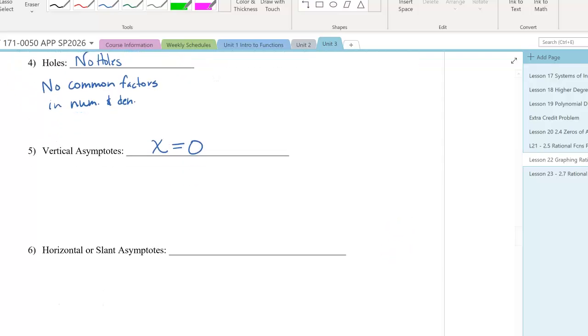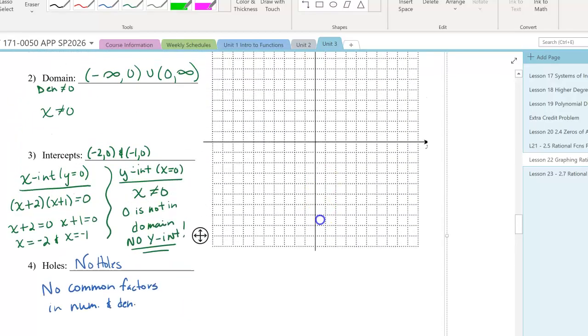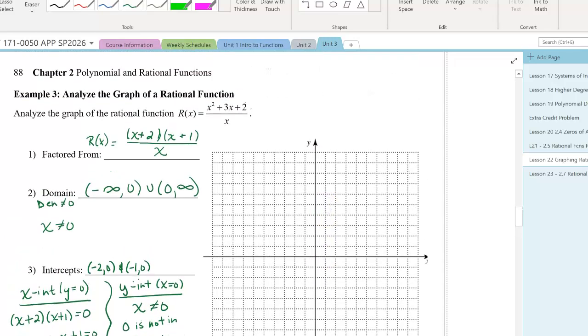Now for the horizontal asymptote. So remember, we look at the degrees. This we look at the degrees. And we want to see if it's top heavy, bottom heavy, or the same. So if we look at the function, the degree of the numerator is 2.